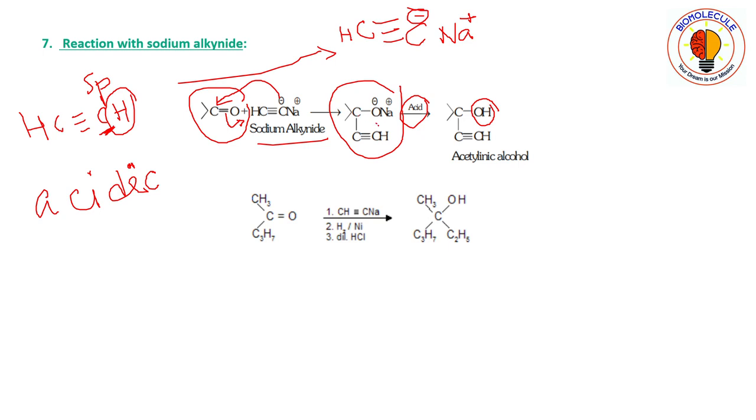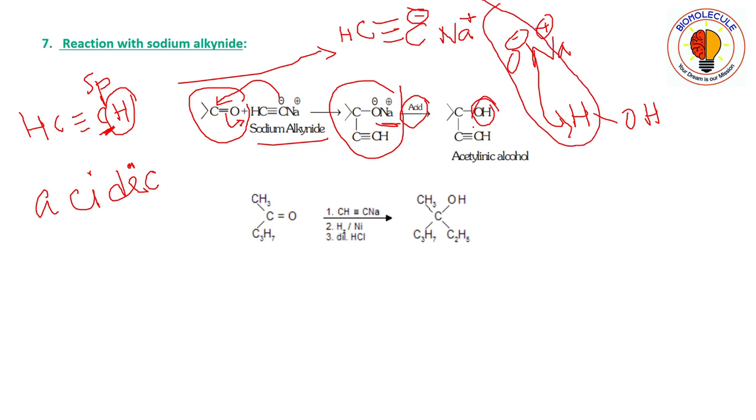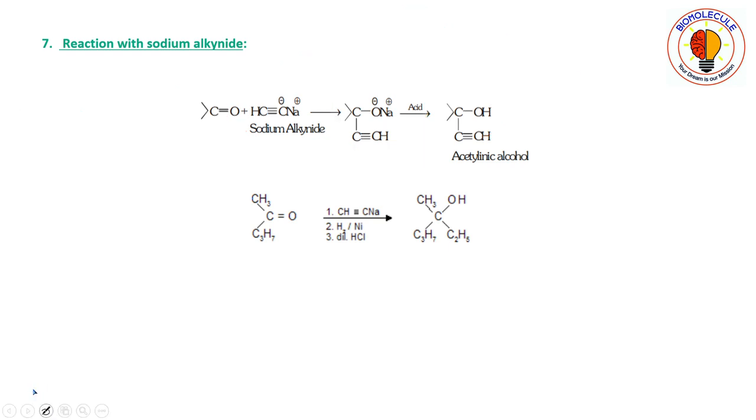Okay, this ONa, that is O minus Na plus, this O minus now will take a proton from water molecule to give you this OH. Okay, so here is an example. So first you treat it with sodium alkynide.